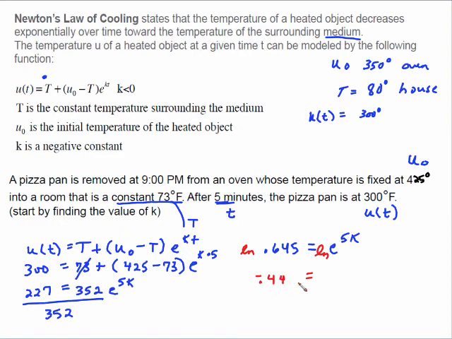Again, leave all of those digits on your calculator, equals 5k, because that cancels. Divide both sides by 5, and of course you are dividing this whole number, not just negative 0.44, and we get negative 0.0877. So that is our constant of cooling for this information.